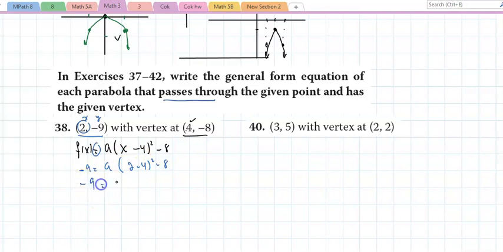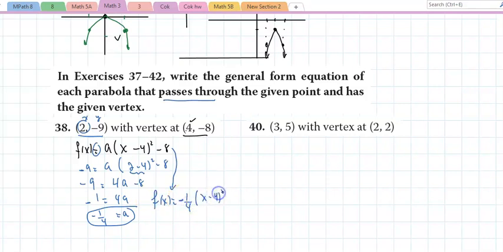That's negative 9 equals, this is a negative 2 squared, that is 2 times a, that's 4a minus 8. Add 8 to both sides, and a is negative 1/4. Once I know that, then I could really come in and say this parabola has a leading coefficient of negative 1/4, x minus 4 squared minus 8.